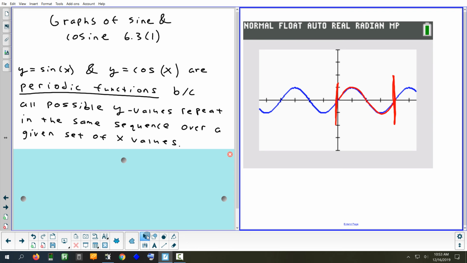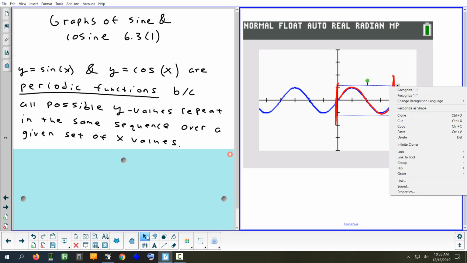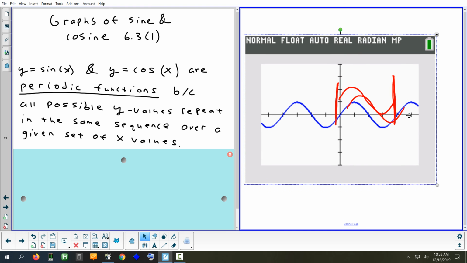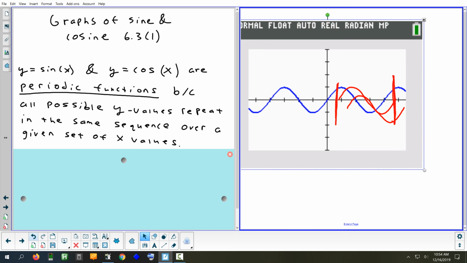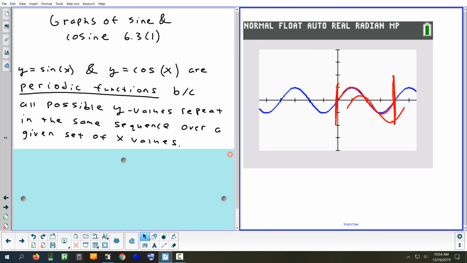If you go beyond that section, all you have to do is copy and paste what I already drew. Everything else in that graph is just a copy and paste of what's between the red lines.